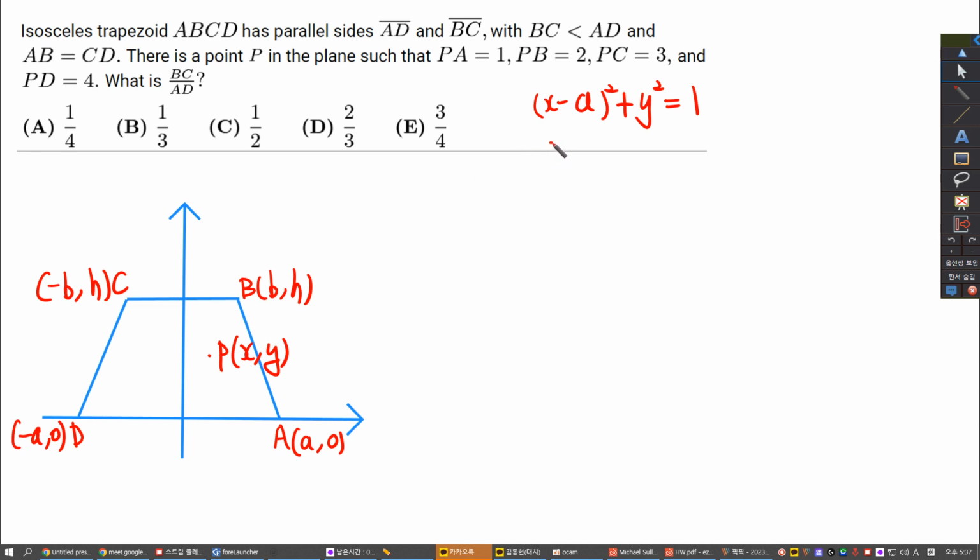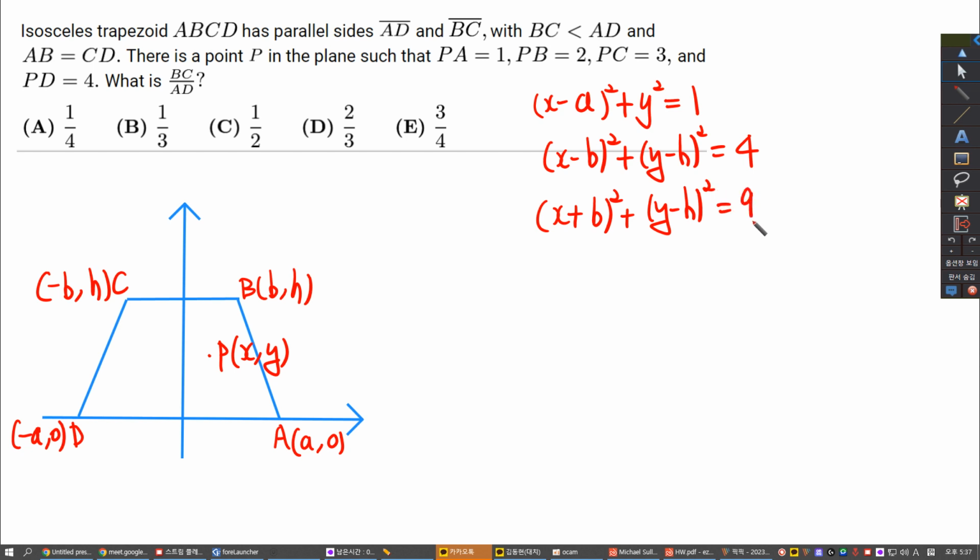So the square is 4. PC. And 3 squared is 9. 4 squared is 16.